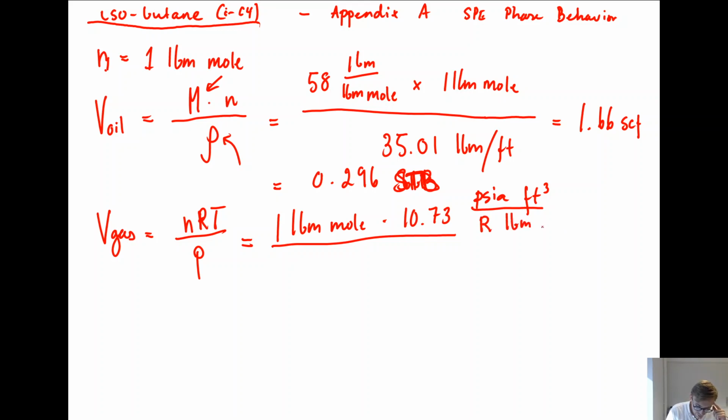It has some weird units, this thing. But the most important thing is that the units add up, and then we divide this simply by 14.7 psia, because this is at standard conditions. At standard conditions, we assume that Z is equal to 1 from the real gas law, so that's why it's not accounted for here.